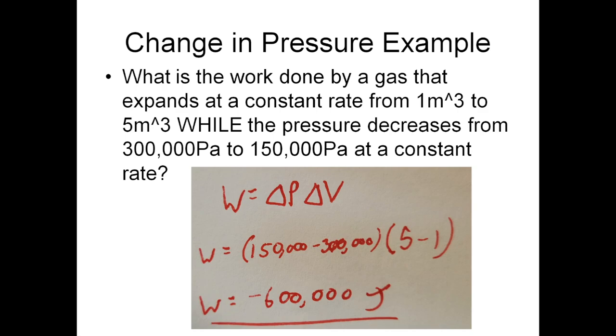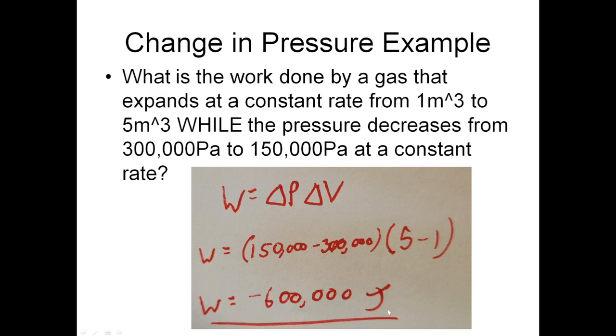If, hypothetically, which is what I show here in this example, you were to plug in meters cubed for volume and pascals for pressure, those metric units are specifically designed such that when you multiply them together in this work formula here, you'll get an answer of joules.